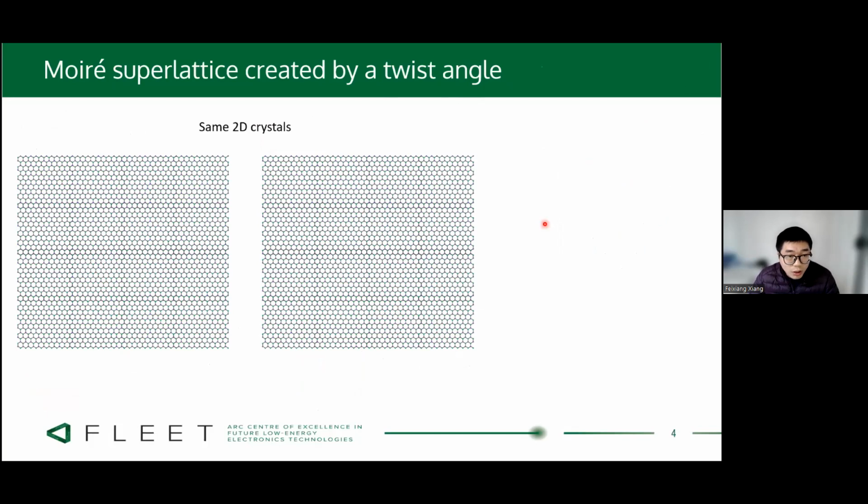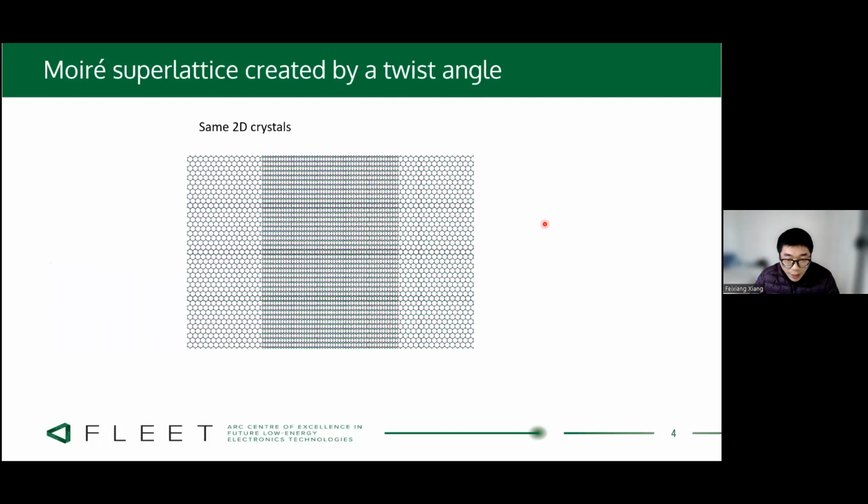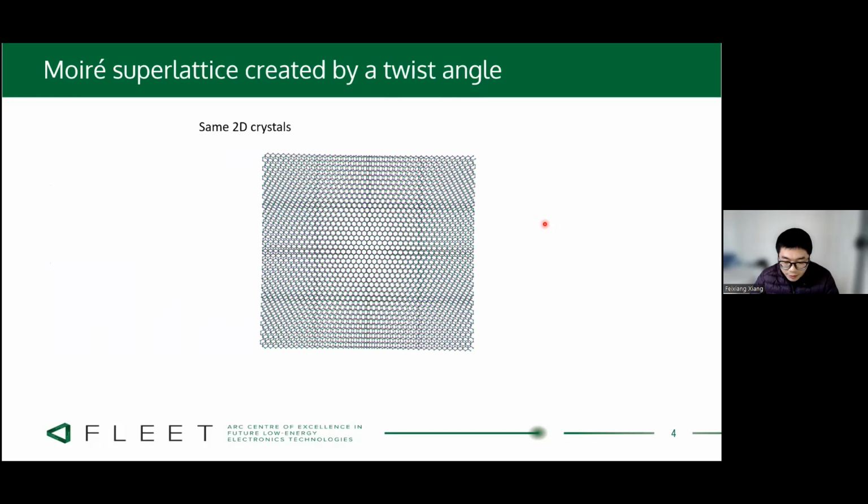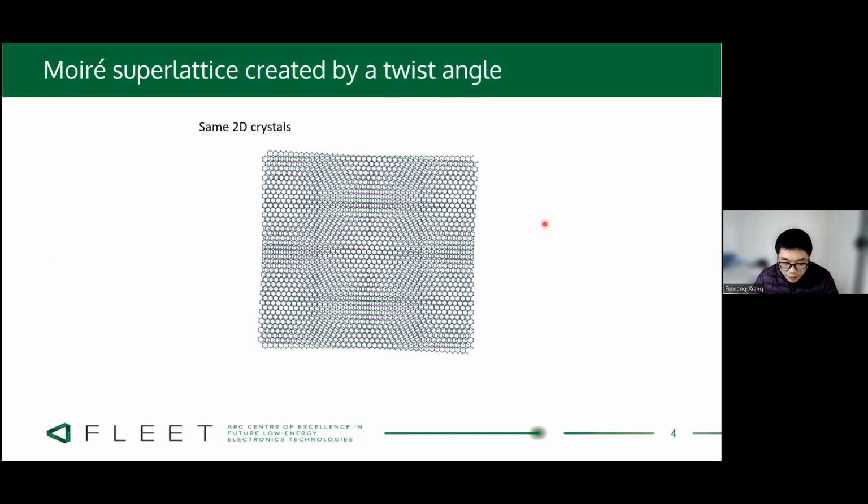So how to create a moiré superlattice? One way we can do is by stacking two same 2D materials on top of each other, and by slightly twisting them, there will be a moiré pattern formed.